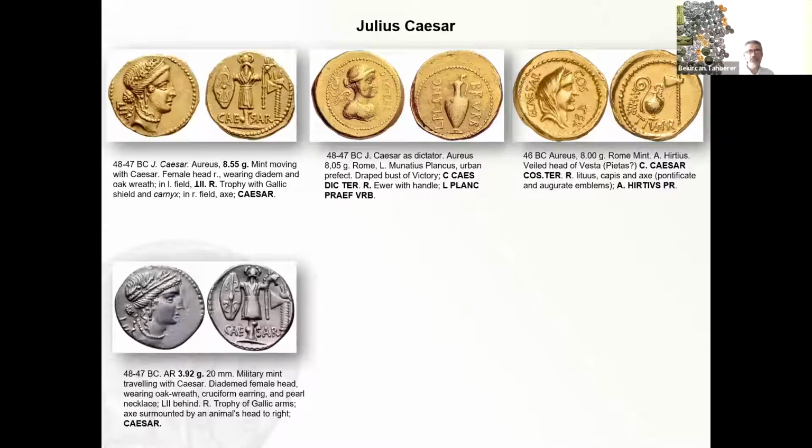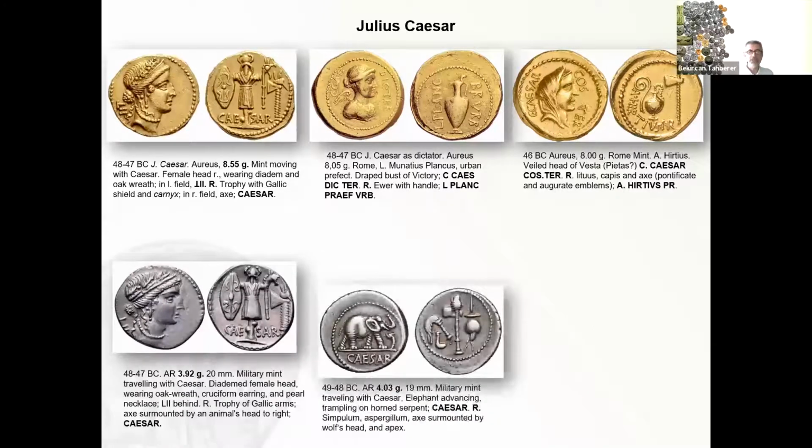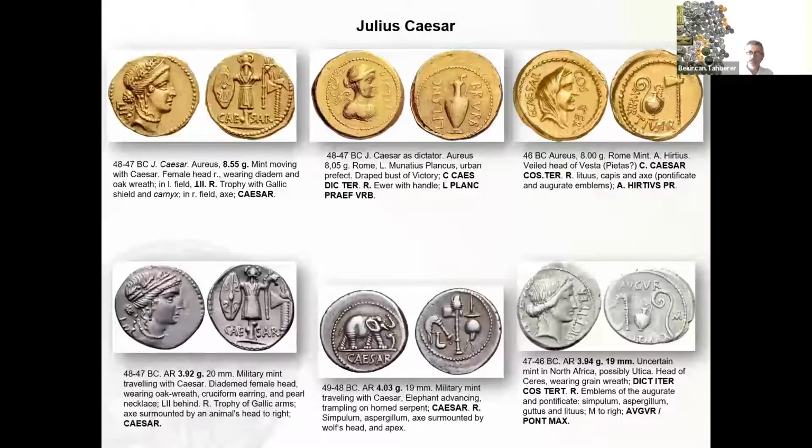His coinage simply tells us his ambitions, his military campaigns, and how he uses religion. Maybe in the history of Roman Republic, Caesar is the one figure that used religion the most.